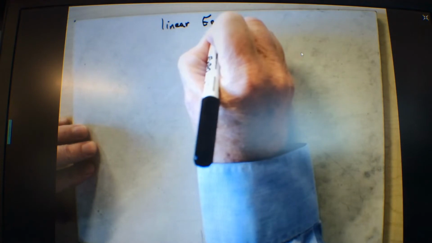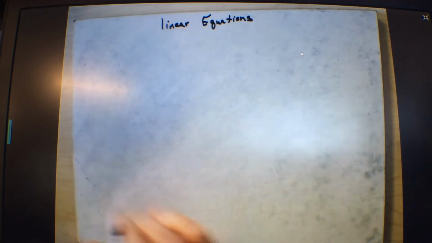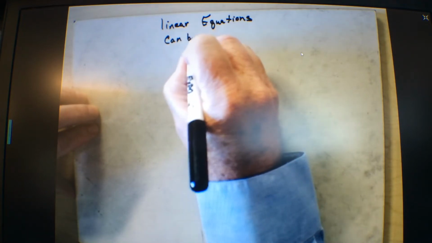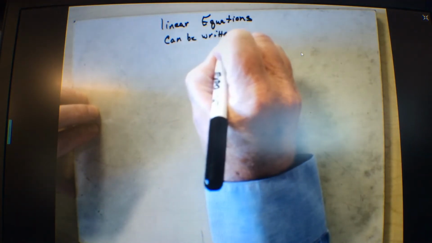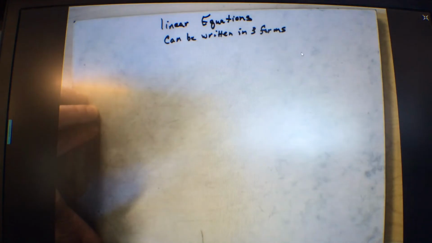Okay, so what's this got to do with what we're talking about? Well, I'm going to show you. We're going to talk about linear equations. Linear equations can be written in 3 forms.